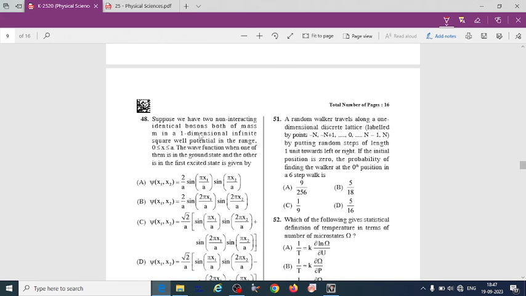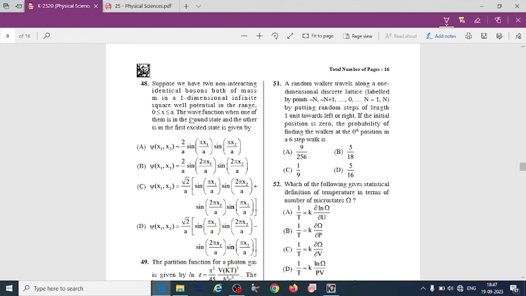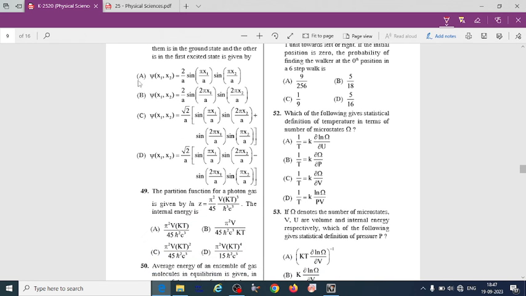Suppose we have two non-interacting identical bosons, both of mass m, in a one-dimensional infinite square well potential. One is in the ground state and the other is in the first excited state. Among all the 4 options, the correct option for this is C, psi of x1, x2 with a root 2.